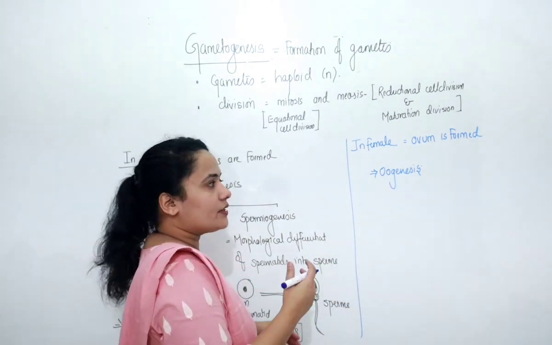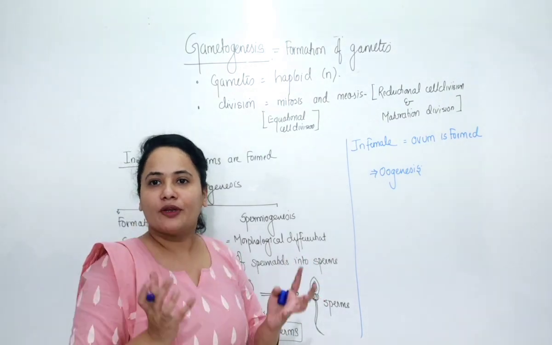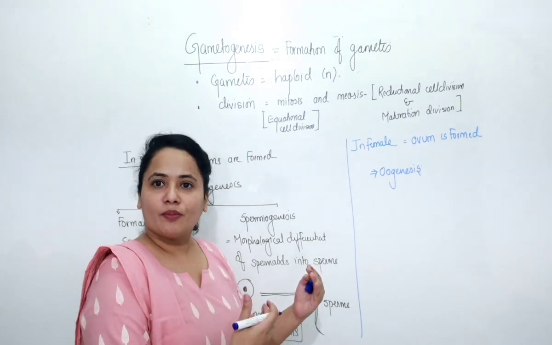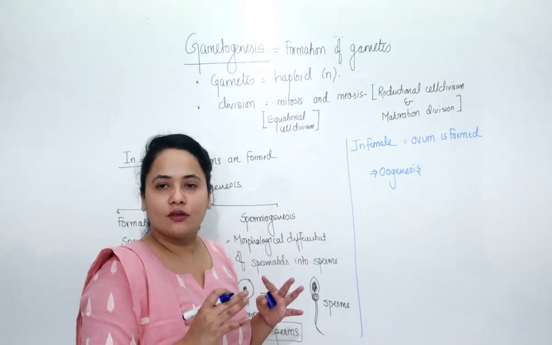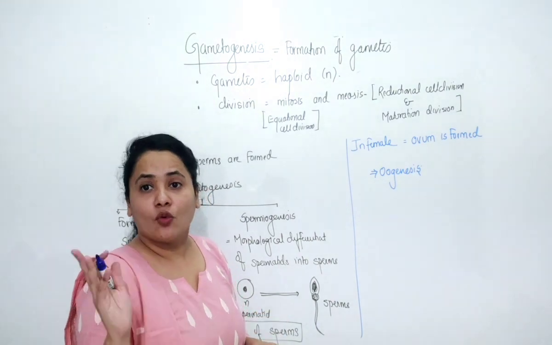And it does not have this kind of phase, because ovum is a simple, round, big structure which is comparatively larger in size as compared to the sperms, and it is residing in the ovary, and when released, that process is known as ovulation.